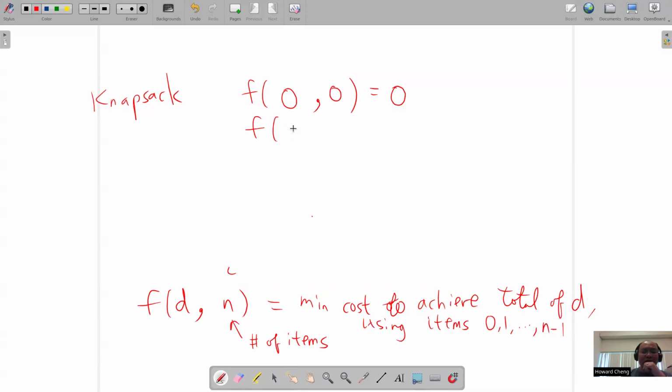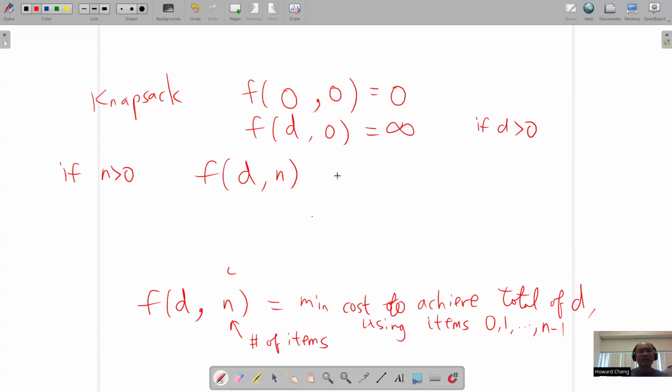If it's any other d, but you're not allowed to use any items, then we say it's infinity. So it's impossible, basically. Okay, so that's the base case when n is 0. So what about the general case? For any other n, if n is greater than 0, then I either use the last one or not.